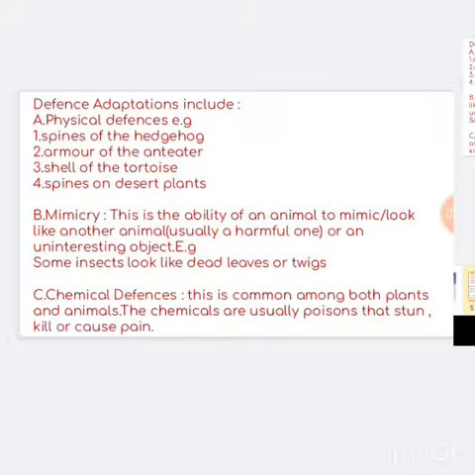No predator wants to eat leaves, so they wouldn't even give it a second look. If an animal looks like a twig or a dead leaf, no predator is interested in that, so they wouldn't look at it. If an animal looks like a skunk, no animal will go near it.